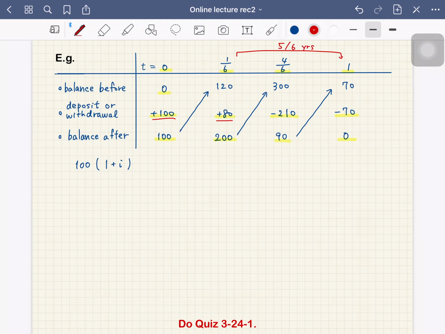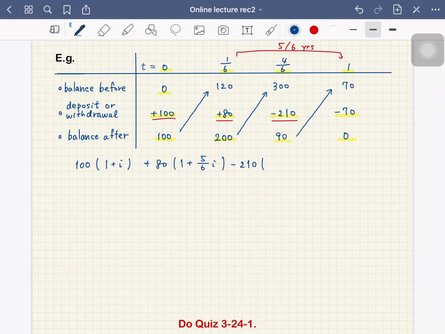Next, this $80 is in the account for 5/6 year because this is in the account from time 1/6 to 1. So $80 accumulates interest for 5/6 year. So 1 plus 5/6 i, since this is simple interest rate.